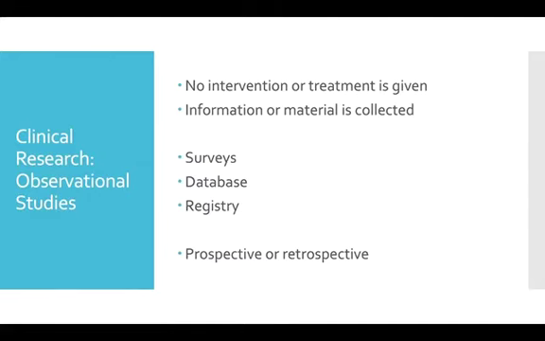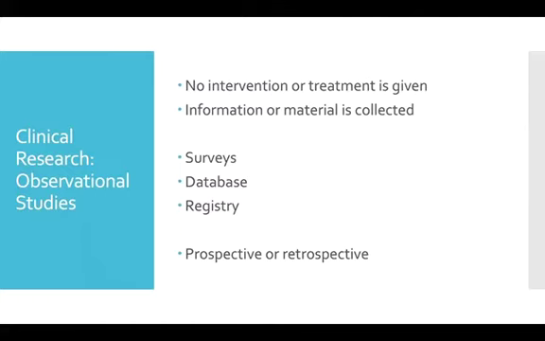In these types of studies, no intervention or treatment is given, but information or materials are collected, hopefully in a systematic way. This could include surveys that are given to patients. It could involve participating in a database or participating in a registry, and I will talk a little bit about the difference between databases and registries.